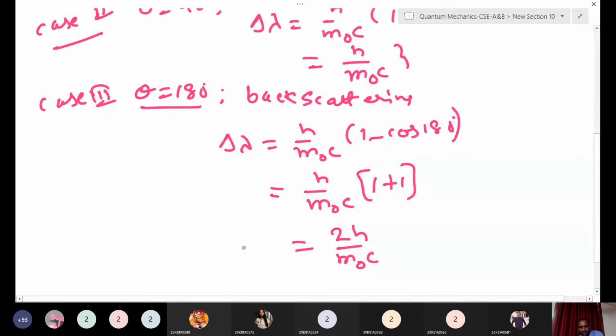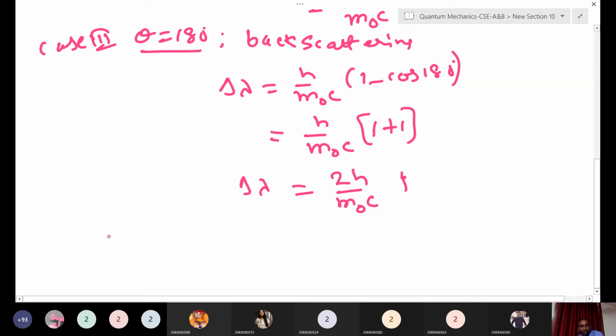So if the photon is back scattered, we get a shift this much. The total shift varies with theta from 0 to 180 degrees, and the shift goes from 0 to 2h by m naught c.